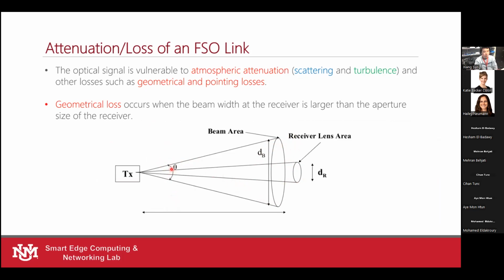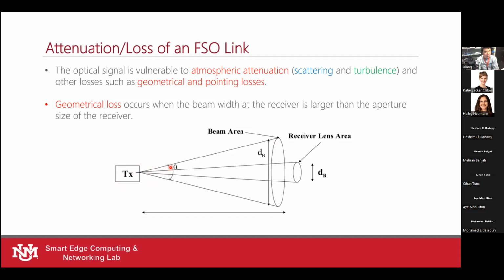So why does that happen? This is because it's impossible to generate perfectly parallel beams. Once the optical beams get emitted from the transmitter side, we're going to have this divergence angle.